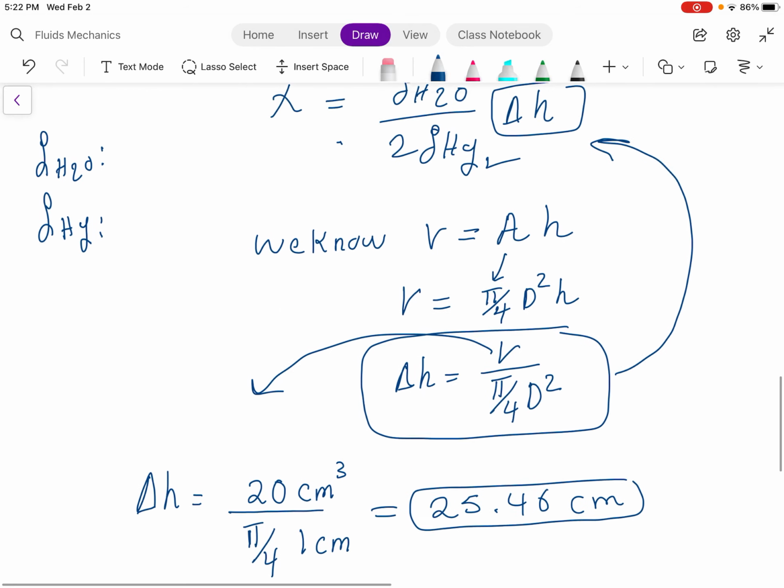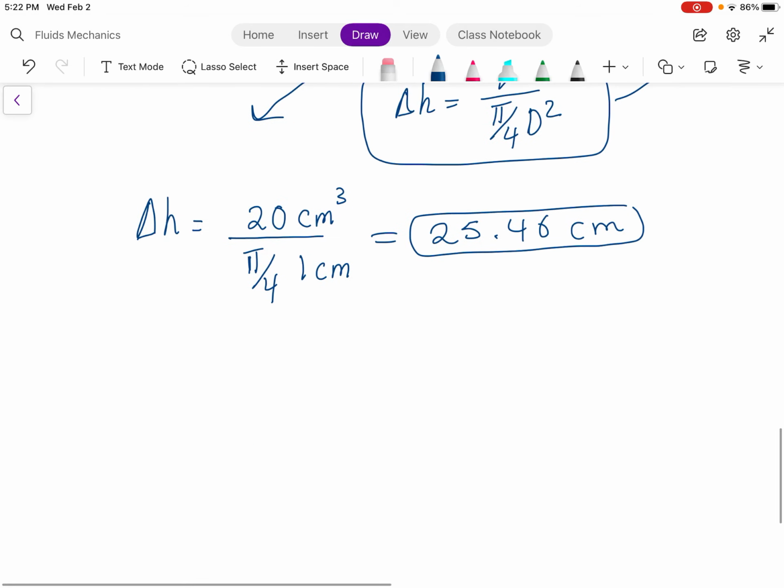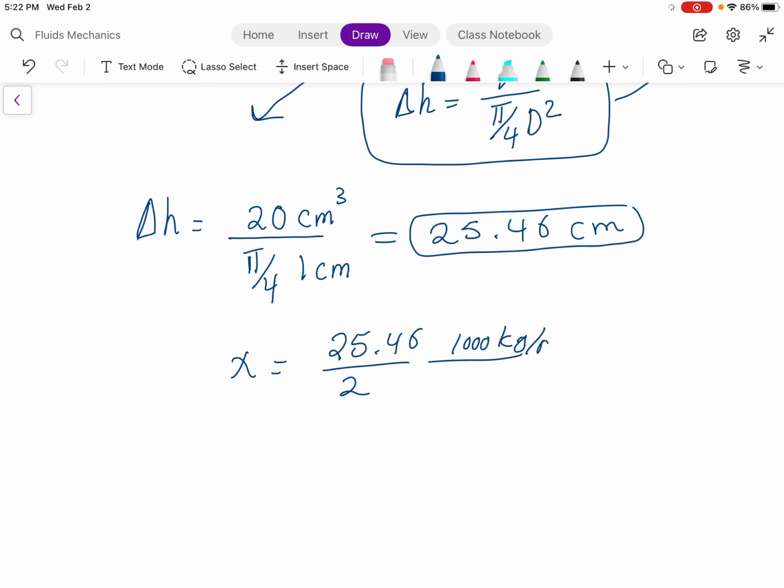And then we go back to our equation here, the X, and we substitute the delta H value in the equation that we had. So X equal 25.46 divided by 2,000 kilograms per meter cubed.